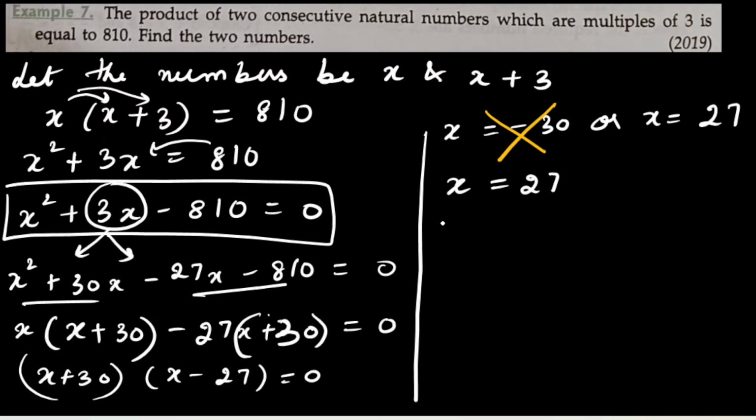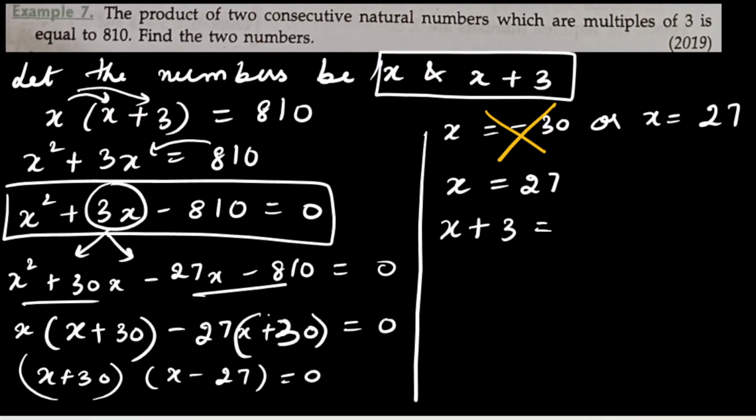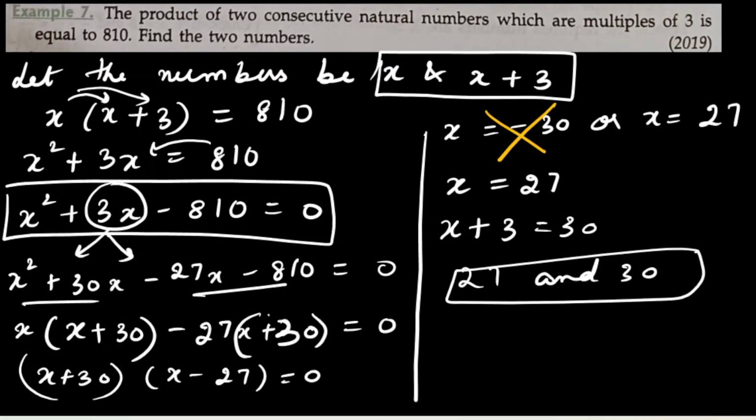If one number is 27, what will be the other number? At the starting we assumed one number is x and the other is x plus 3. So x plus 3 is equal to 30. So 27 and 30 are the required numbers.